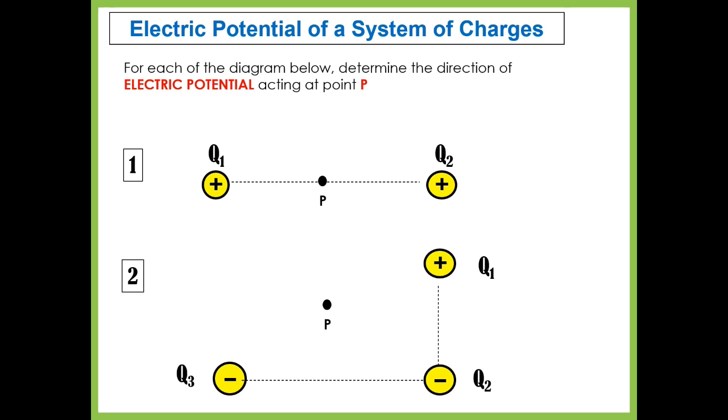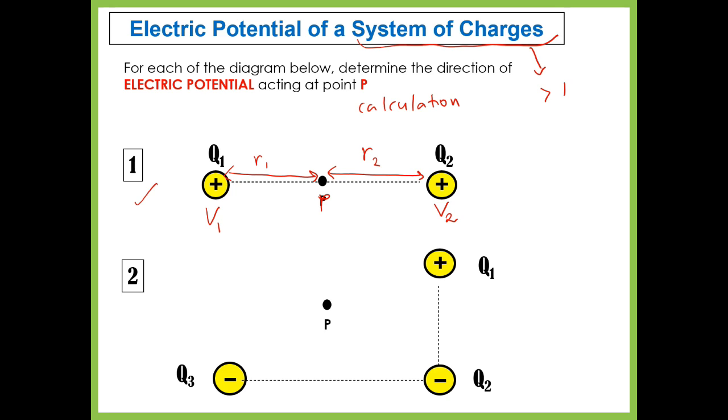To determine the electric potential for a system of charges, which means a system that has more than one charge, we just do the calculation. There will be no direction drawing or sketching. For example, we have Q1 and Q2. Q1 will produce its own potential, and Q2 also will produce its own potential. This is the distance between the point P and the charge, R2, and this is the distance from point P to Q1, R1.